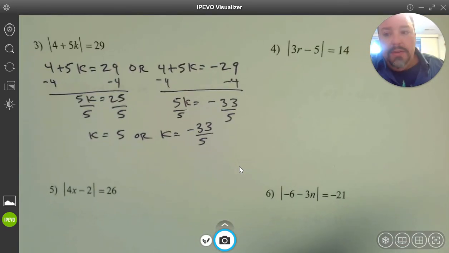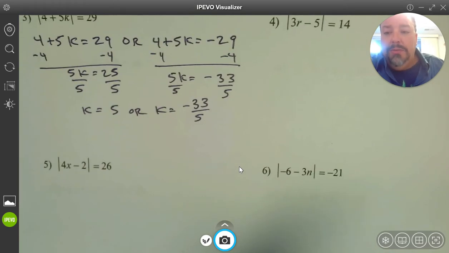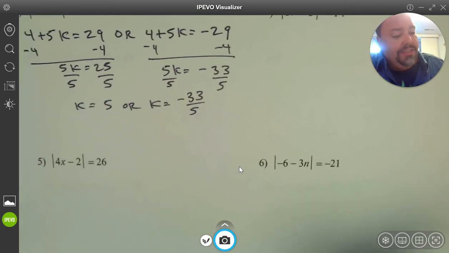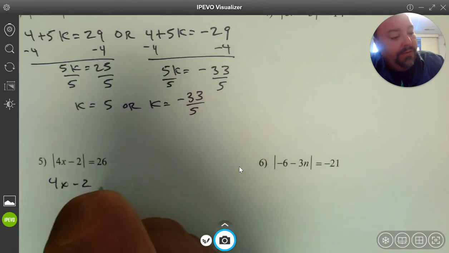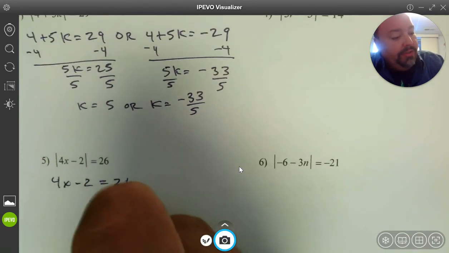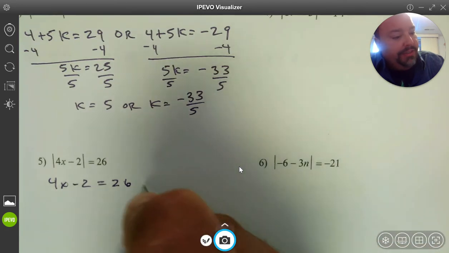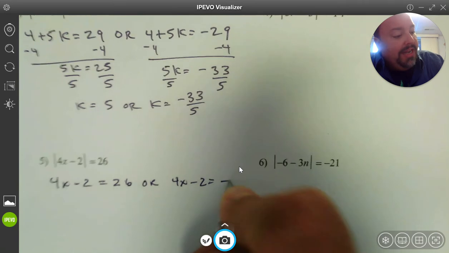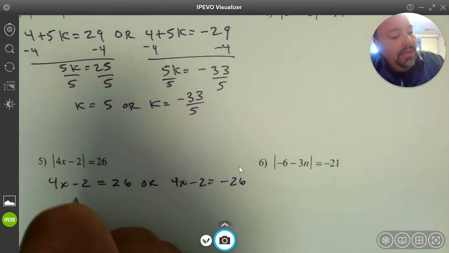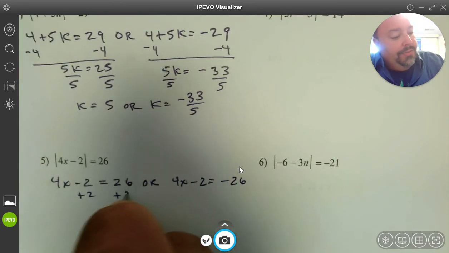Number 5, again, we have absolute value of 4x minus 2 is equal to 26. Absolute value is isolated, so we simply set up our two equations. 4x minus 2 equals 26, or 4x minus 2 equals negative 26. And here we would have to add 2.